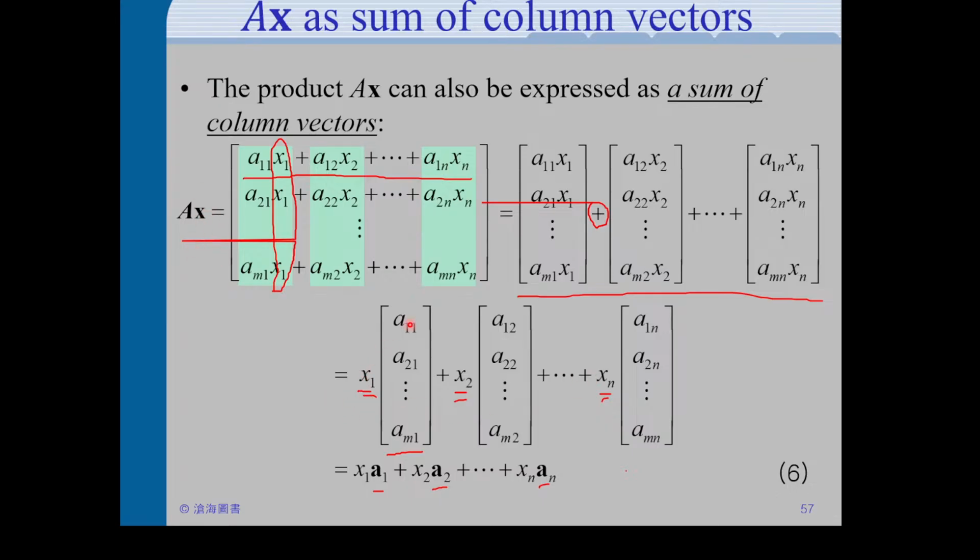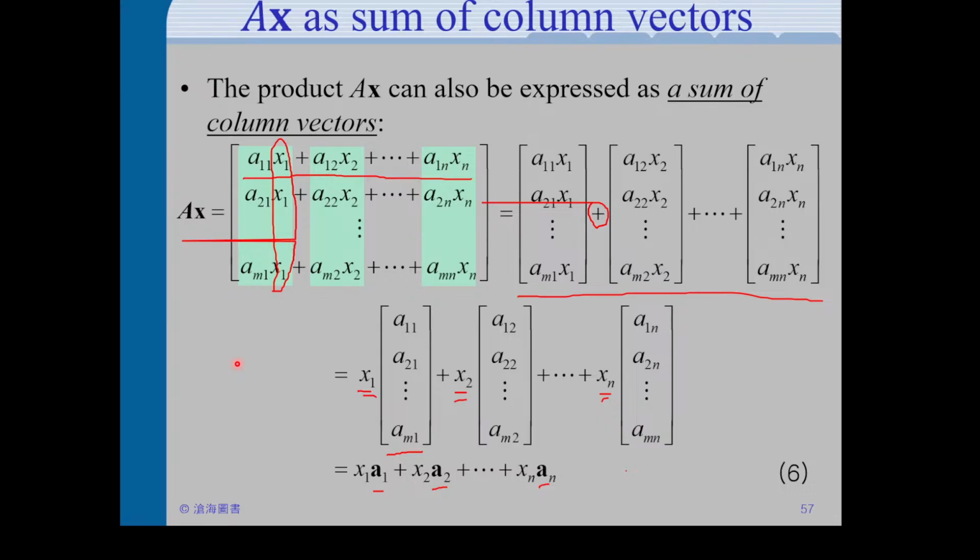So it's x1 times A1, x2 times A2, and xn times An. This is a very important concept, because it can be interpreted as a linear combination on column space.